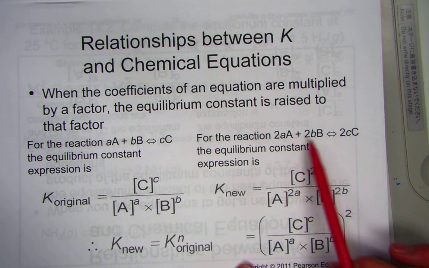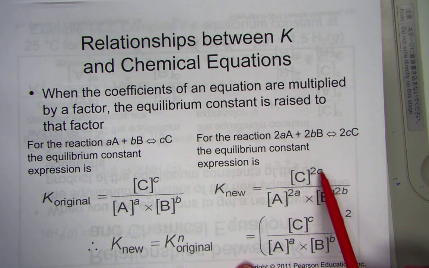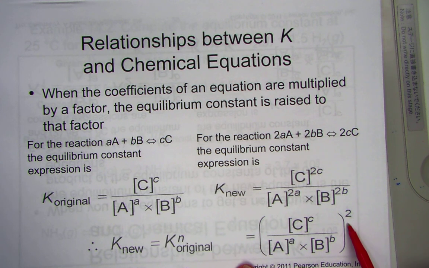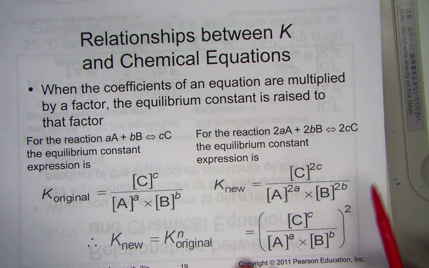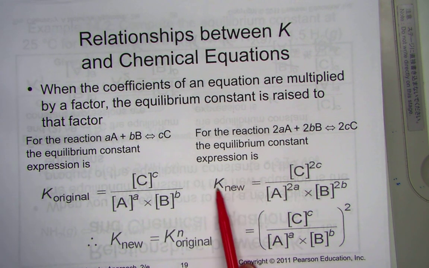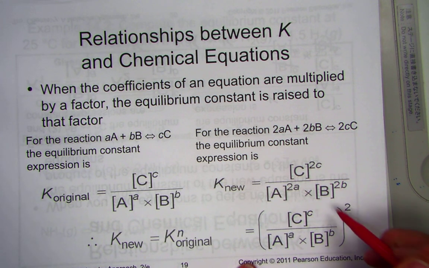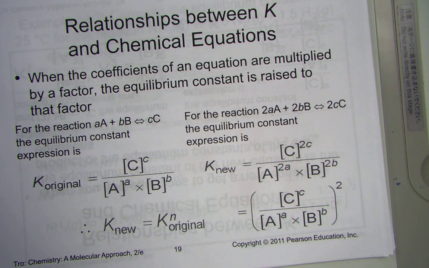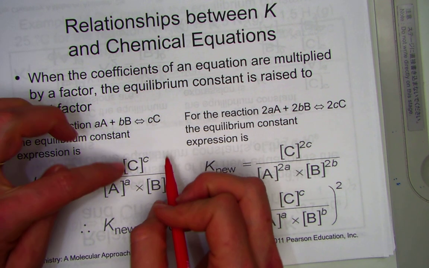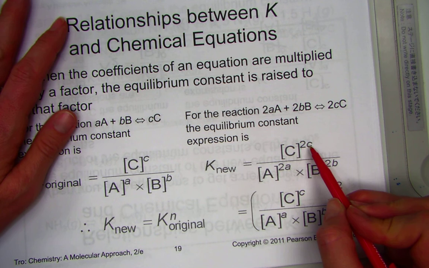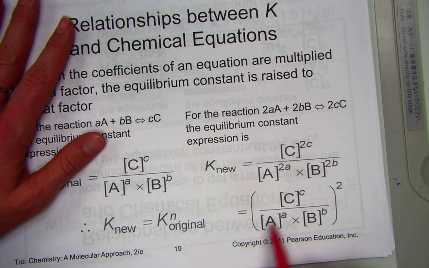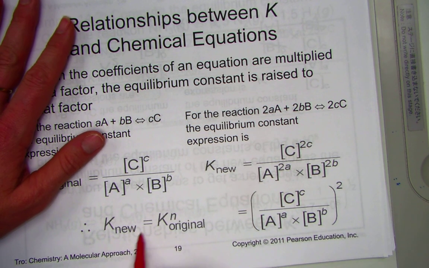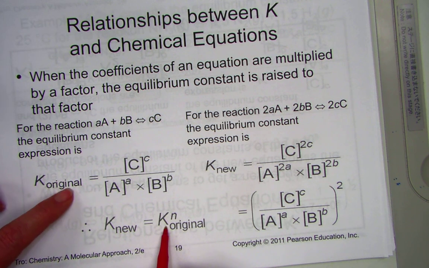We are actually using that distribution to square those coefficients down below. So whatever you're doing through that equation, you're going to end up doing that to the power, raising it to the power of that original coefficient. So if the original value here ended up to be squared, we're going to take that original equilibrium and end up squaring it to find the new.